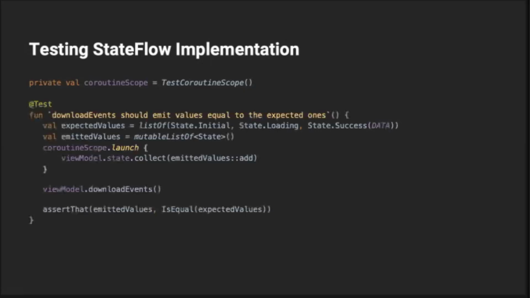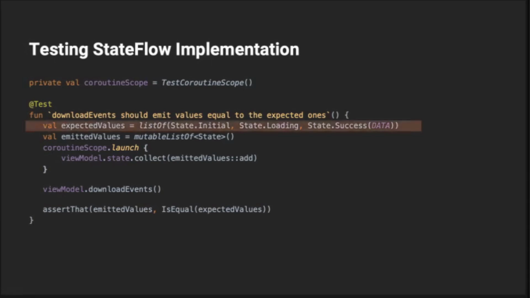Testing StateFlow implementation involves a very simple process, as the implementation itself requires a coroutine scope. Then obviously we want to use a test coroutine scope to do unit testing. Let's say the goal of this test is to have the download events function emit values equal to the expected values.